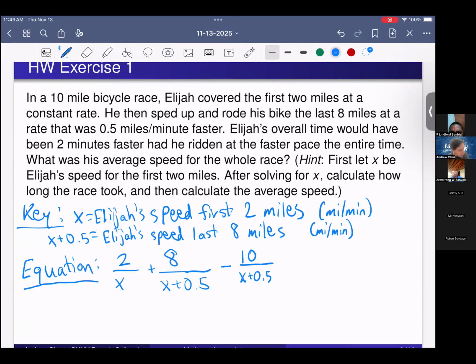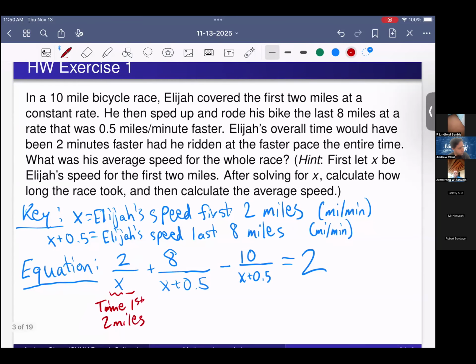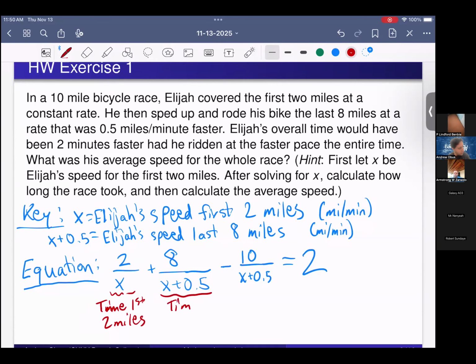All right. So it's almost right. So this is what Linford has, right? So this is the time right over here. This is the time for the first 2 miles, and this is the time for the last 8 miles, right?